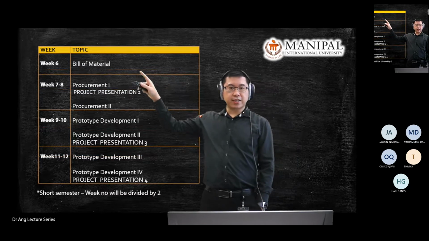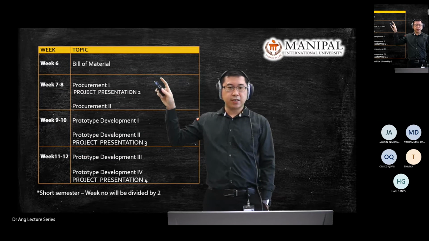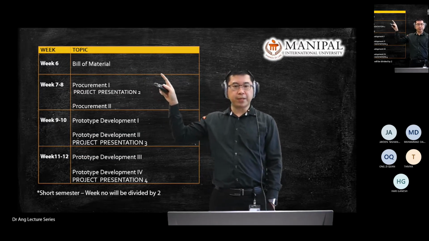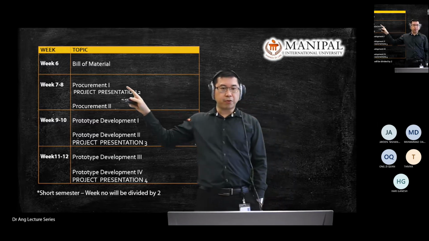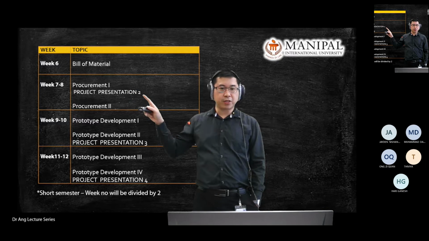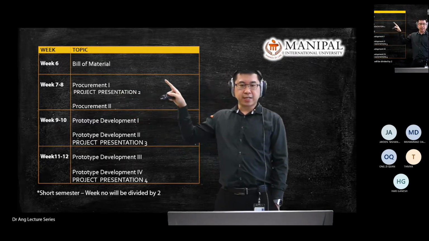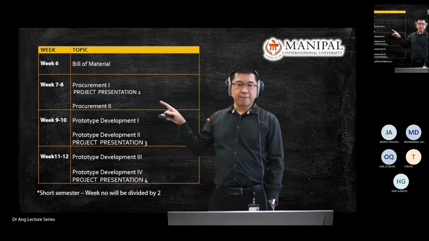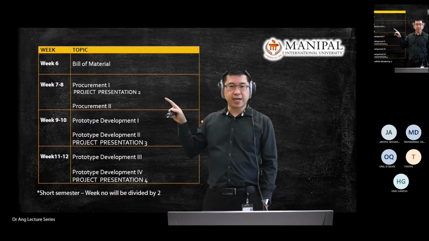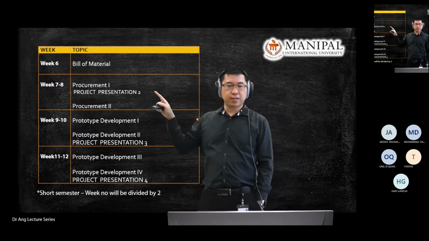Then week 6, around the middle of the semester, we will look at the BOM, bill of material, and the procurement process, and there will be presentation number 2 in week 7 or week 8. Take note that this is the critical time for all of you, because the whole university will have test 1 and test 2 in week 7 and week 8.